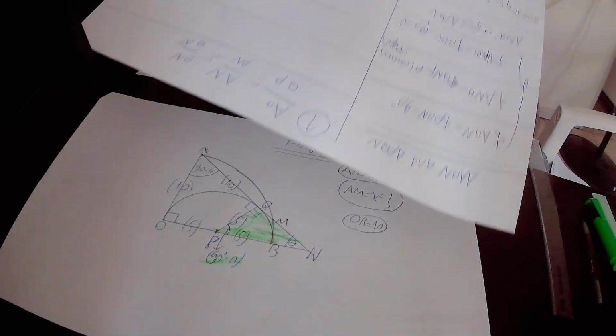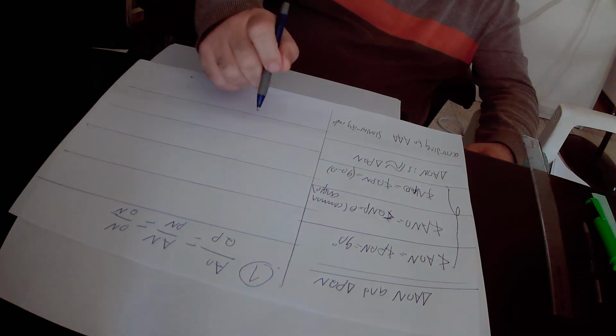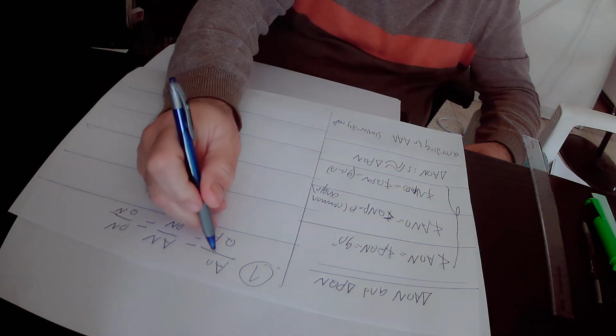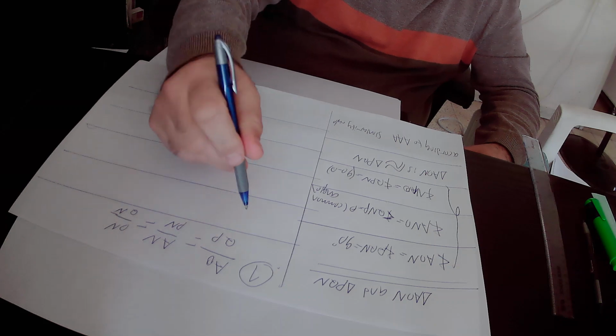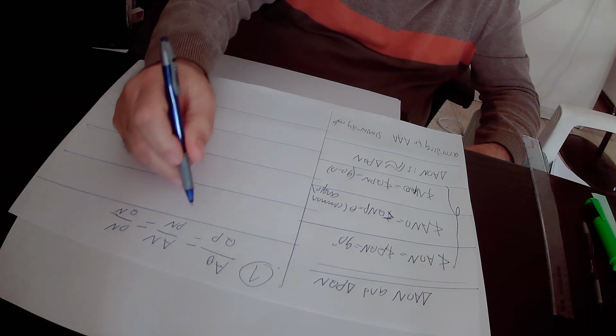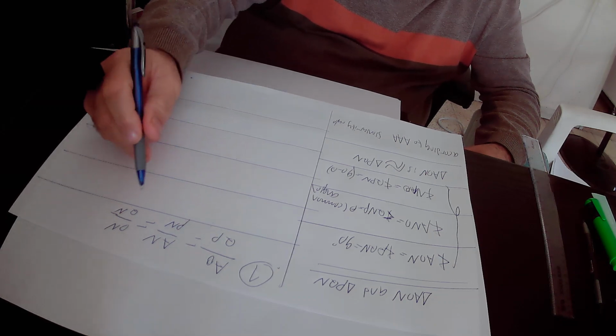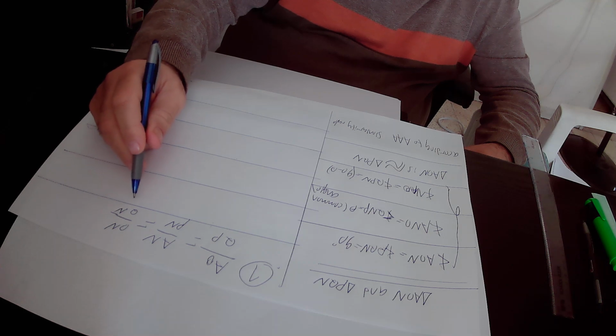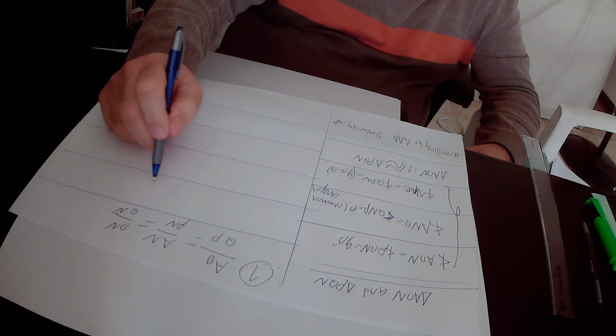So in conclusion, we found out that AO over QP equals AN over PN equals ON over QN.